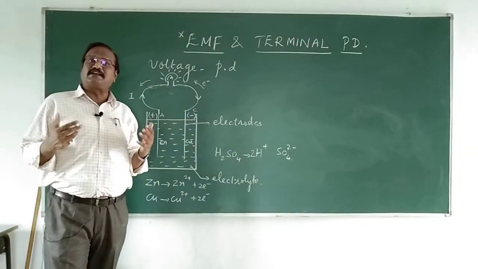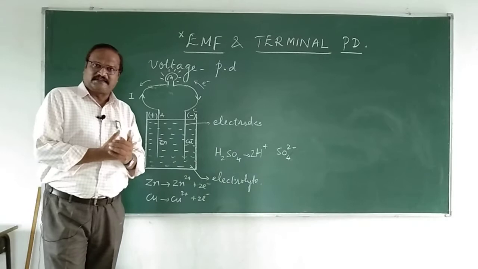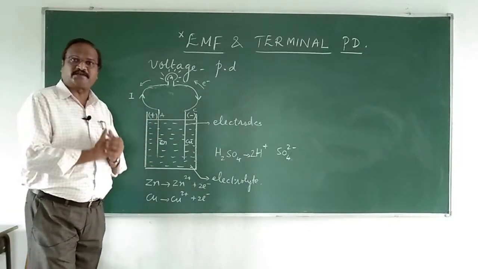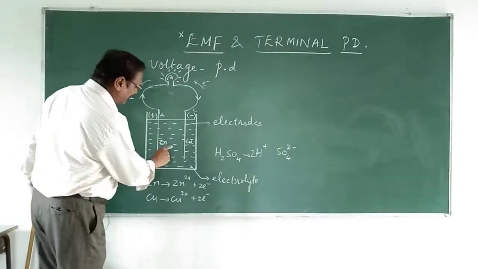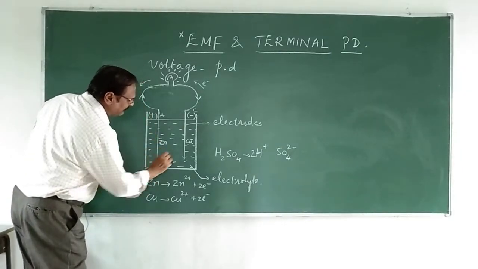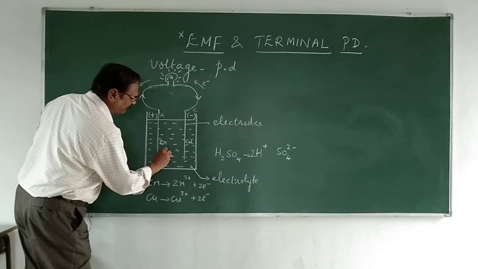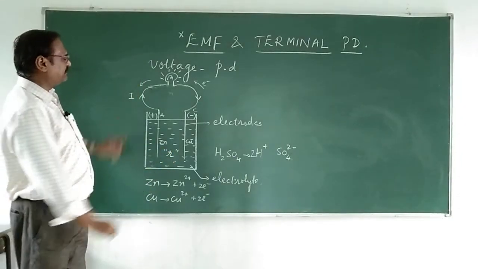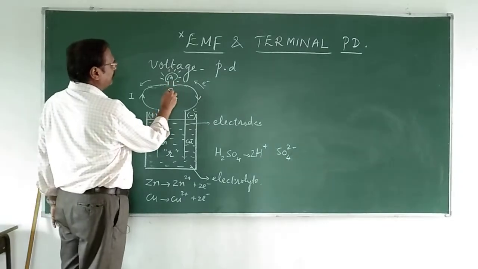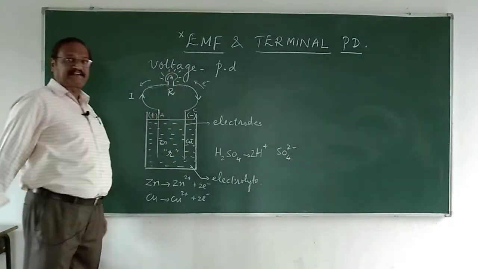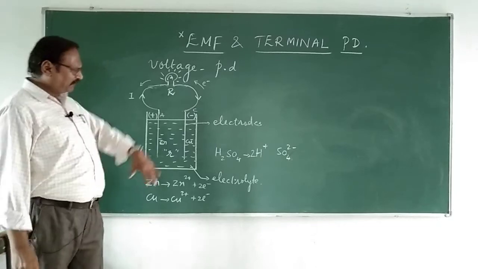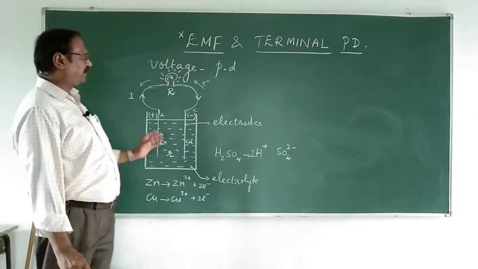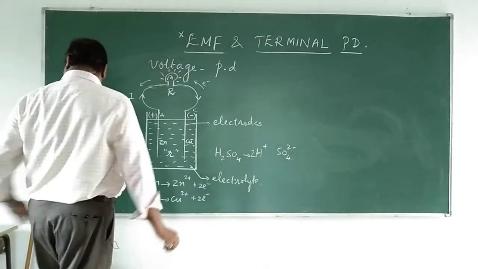That produces a resistance, because when they hit each other, it produces an opposition. That resistance we call internal resistance, represented by small r. The bulb I connect outside is called external resistance. These have a lot to do with chemistry. Now we simplify the whole circuit and see what is going to happen.